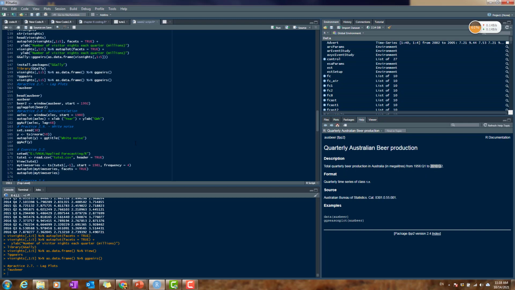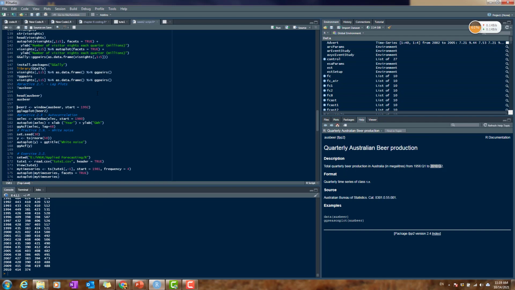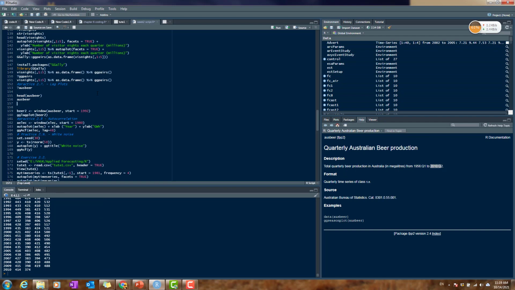Oh, that's a lot of data. So let's check how it looks in the beginning. The head of the beer data is just a straight time series, with quarters in different years.